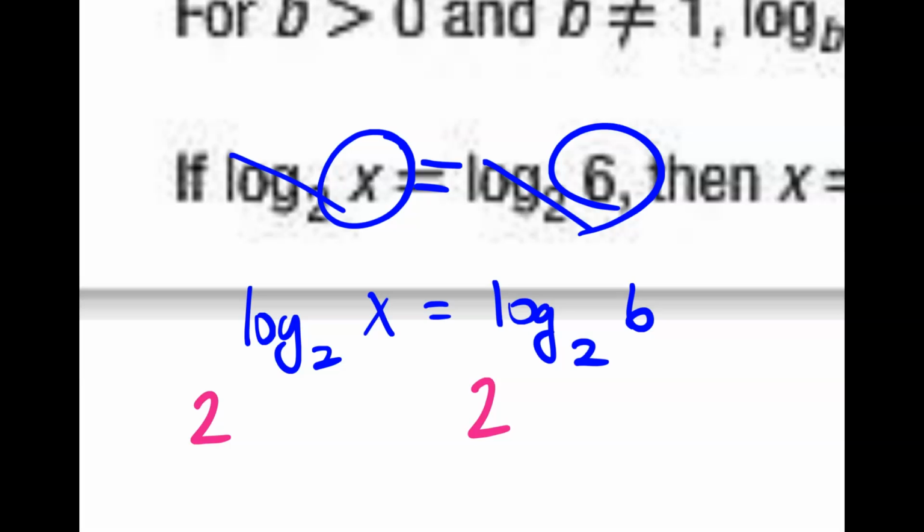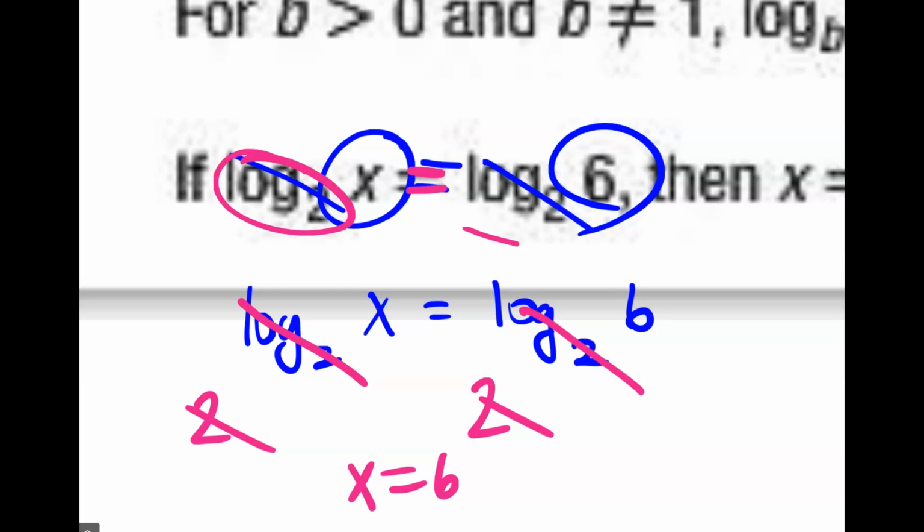I'm not raising each side by the power of e, I'm taking 2 to the power of each side. That's why this part will go away, and we're left with just the insides. More or less, if there's an equal sign and you have the same log base, you can just set the insides equal to each other.